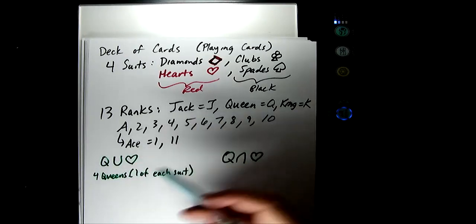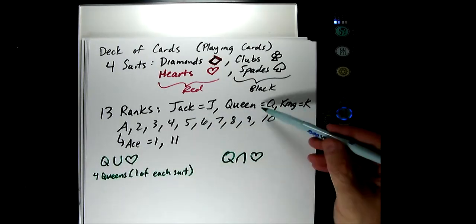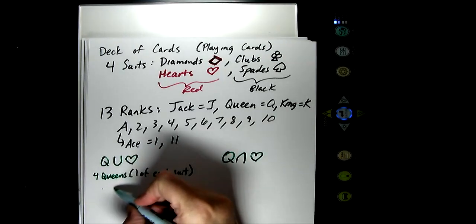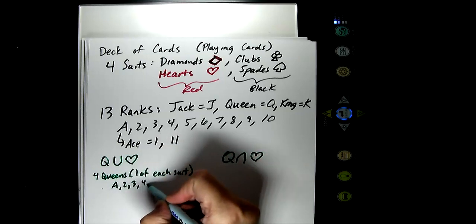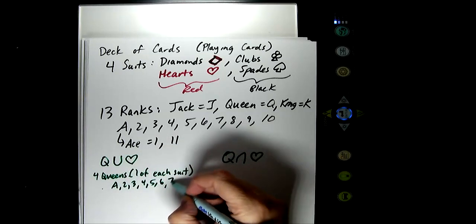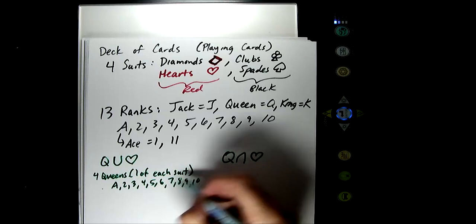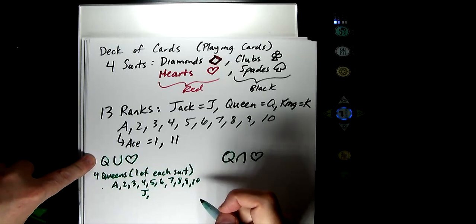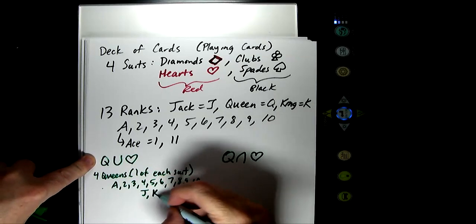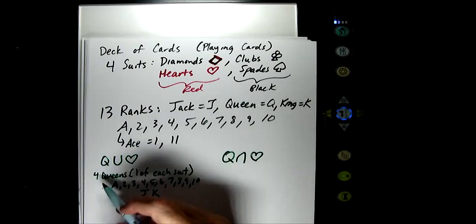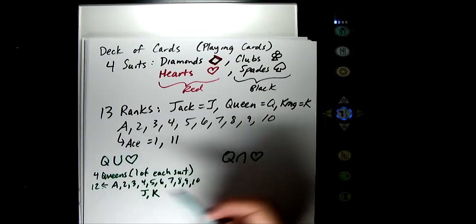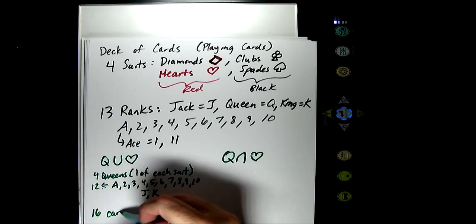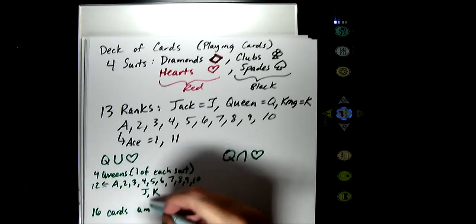And then we look at all the cards that are in hearts. We have ace, 2, 3, 4, 5, 6, 7, 8, 9, and 10, and then Jack. And we don't want to count Queen again because we already counted Queen once, right? So we won't count Queen again. We got King, which means 12. So there are 16 cards among Queen and hearts.